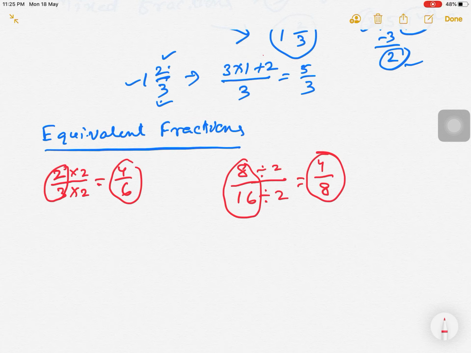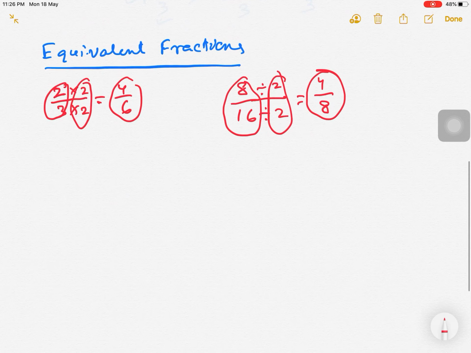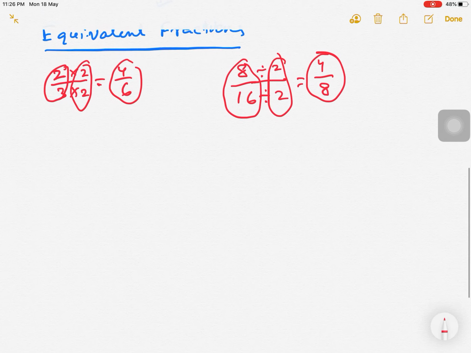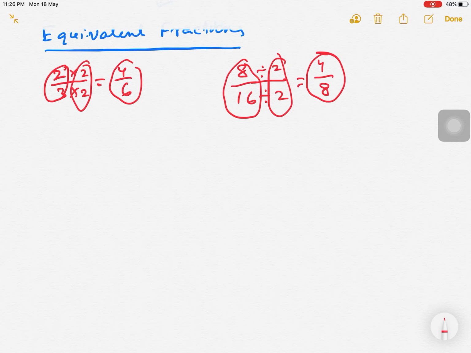So from this we know that by multiplying a fraction by a certain number, we get some equivalent fractions. Also, by dividing a fraction by a certain number, we get equivalent fractions. And remember, when we multiply or divide, we have to take the same number for numerator and denominator. We cannot divide the numerator by one number and the denominator by another number.